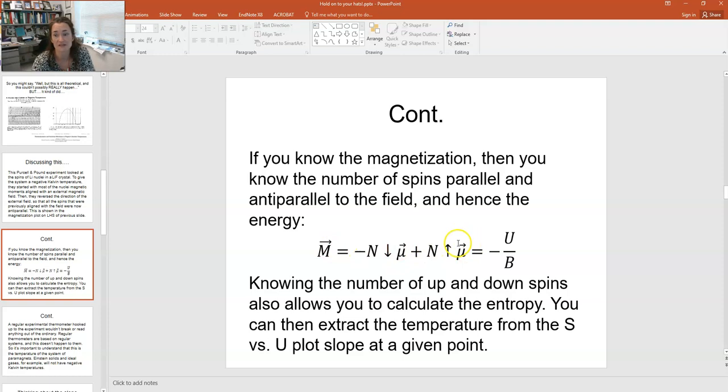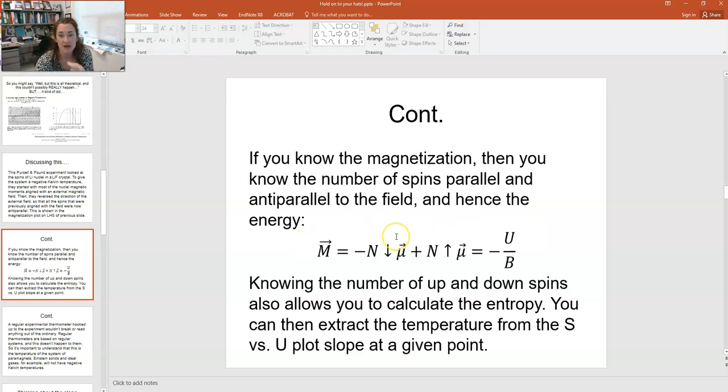That gives us our magnetization vector, and that's equal to minus u over v, from our previous equation for the internal energy of the system. So if you have the magnetization vector, you can very easily calculate the internal energy of the system.